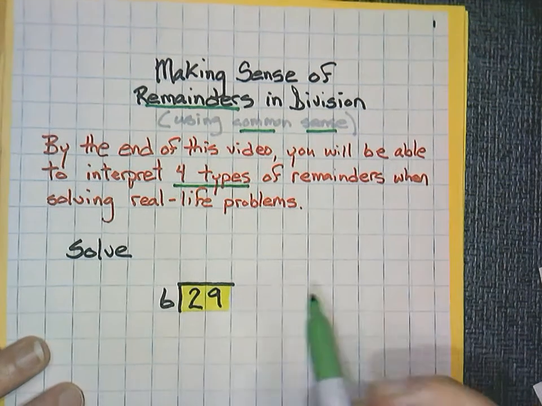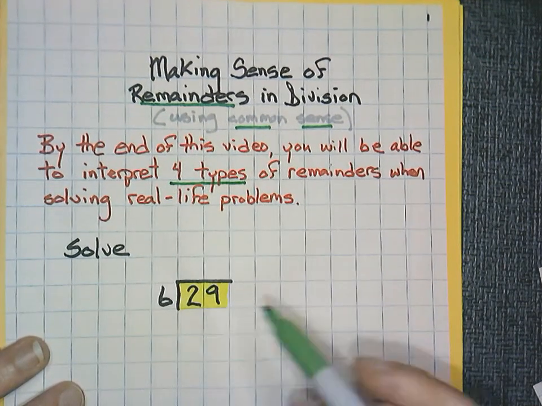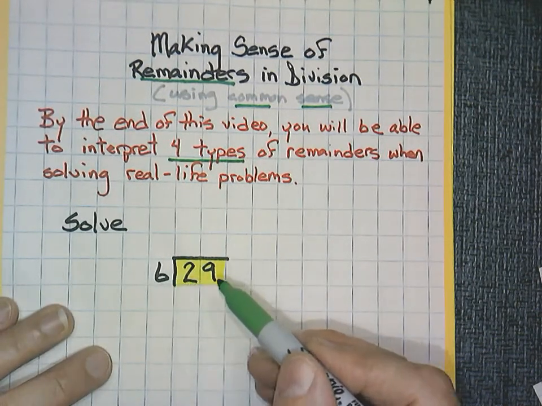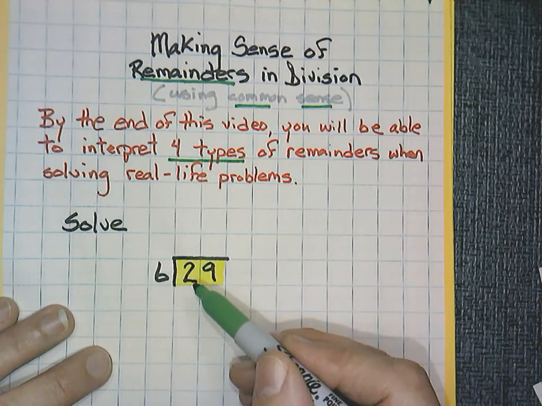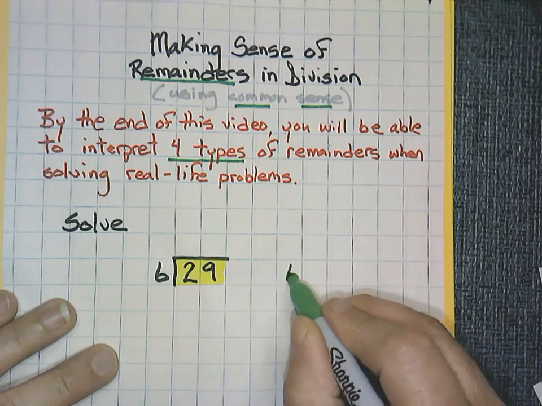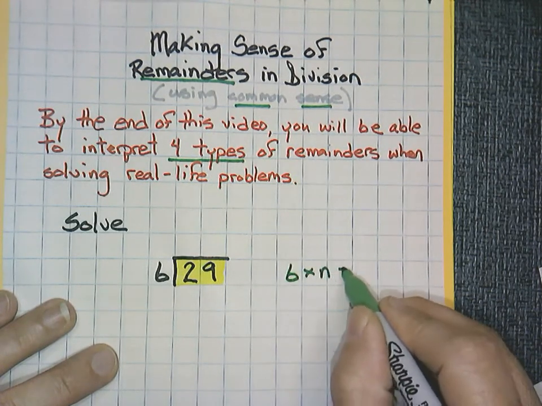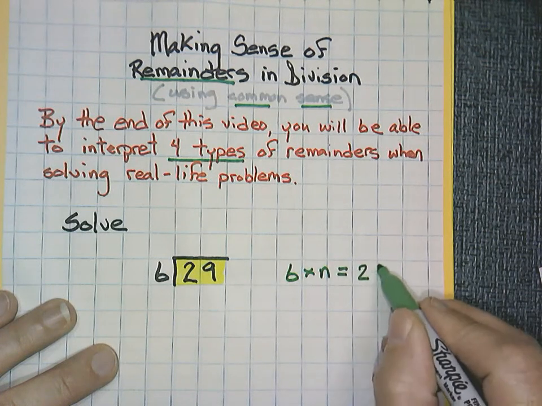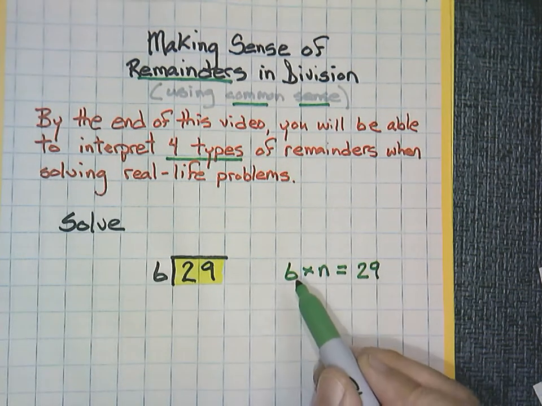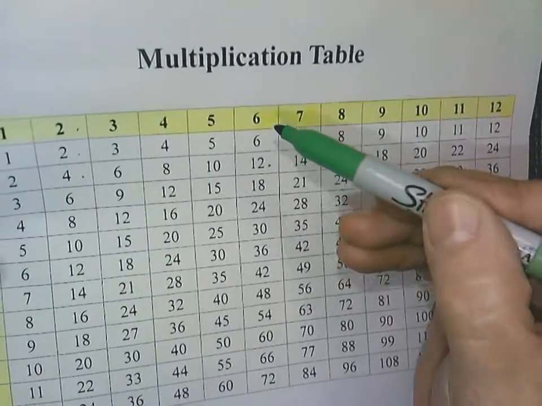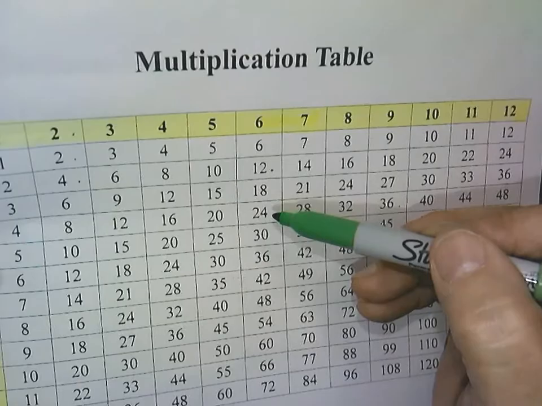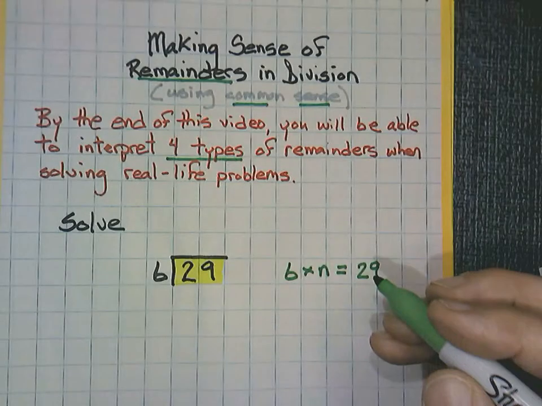Let's go ahead and solve this. We're going to use this same problem for most of our examples today. 29 divided by 6, we work from left to right, digit by digit. 6 does not go into 2, but 6 does go into 29. I could show that by using multiplication. Use my 6 and then my 29. If I use a multiplication chart, I can see that 6, the closest I can get without going over would be 24, and that would be 4.